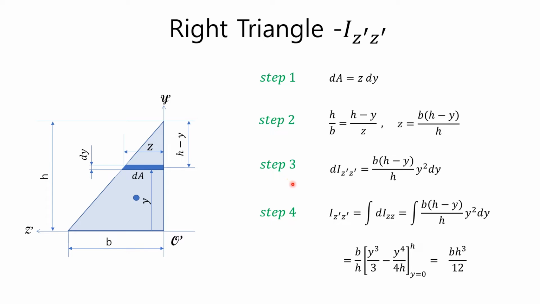In step 3, we calculate the small moment of area dIz prime, which is the product of dA and y squared. Therefore, second moment of area can be obtained by the integration of this expression from 0 to h. Consequently, we end up with bh to the 3 over 12.